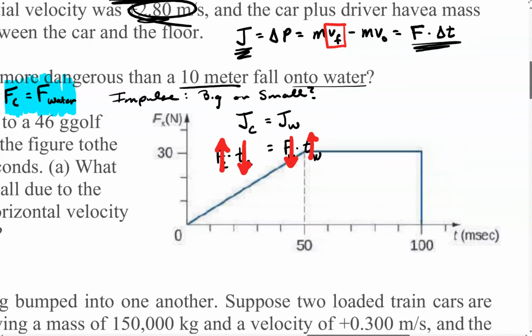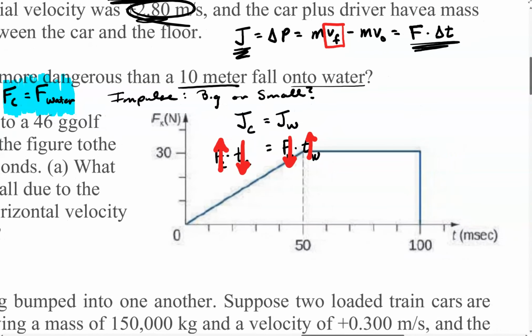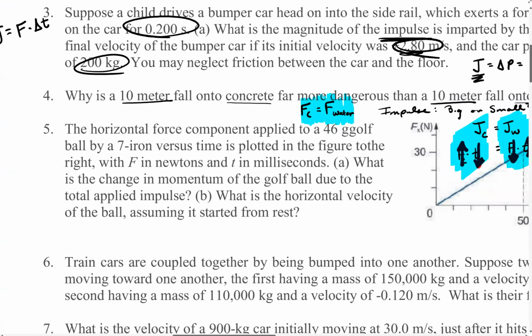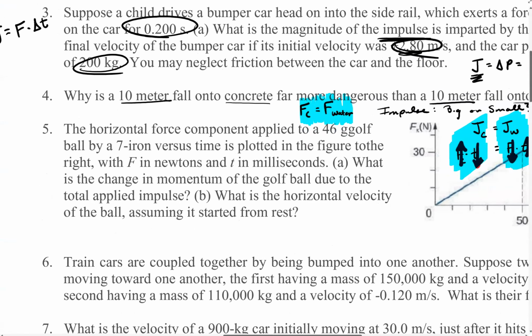Now that's a lot to think about, but if you can imagine, if the amount of time of the impact is much larger and the amount of applied average force ends up being smaller, then I would much rather jump into a pool of water than into a pile of concrete. And that's part of the reason why. We can increase the time for the duration of that impulse, and that makes the perceived force much less.